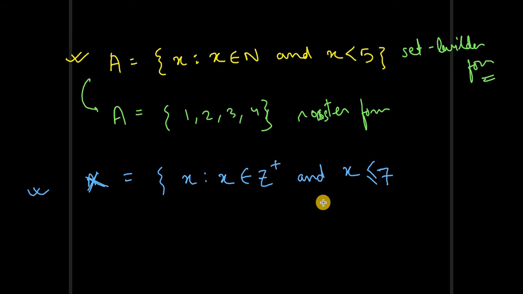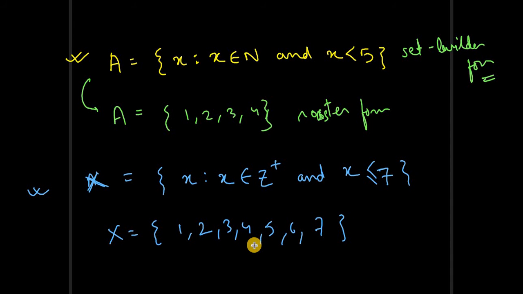So how can we write the positive integers which are less than or equal to 7 in roster form? We can write it like this: 1, which is a positive integer, 2, 3, 4, 5, 6 and 7. These are the positive integers less than or equal to 7.